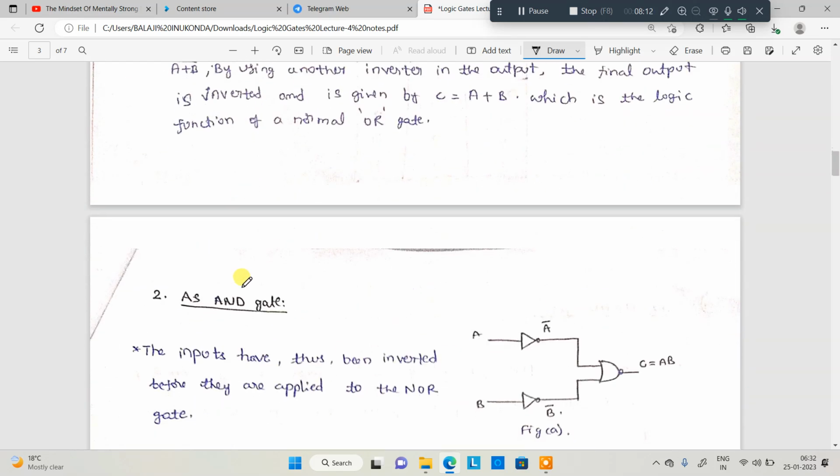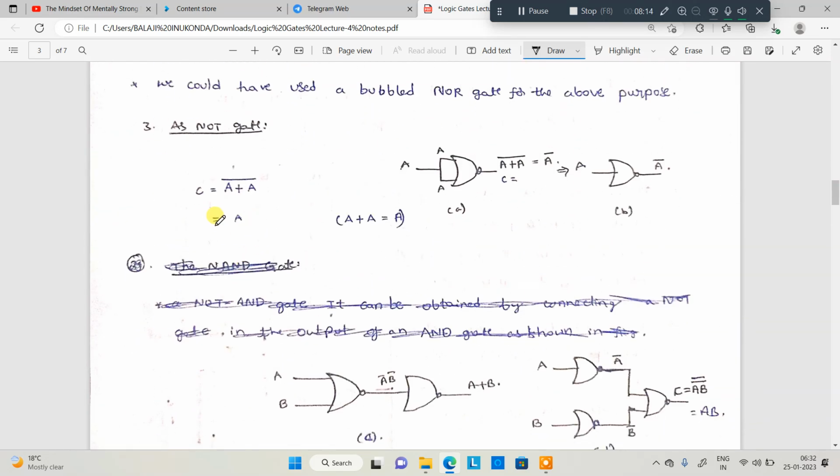Okay. First you will see the NOR gate as a NOT gate. A NOT gate is nothing but if the input is 0, you will get output 1, and if the input is 1, the output will be 0. In this case, I am taking the NOR gate and both the inputs are connected together.